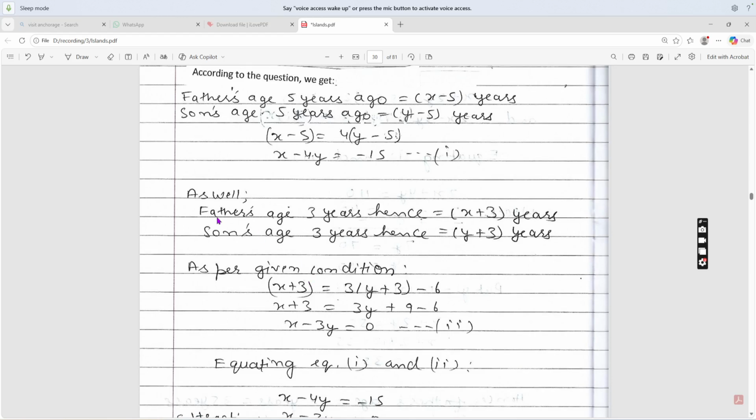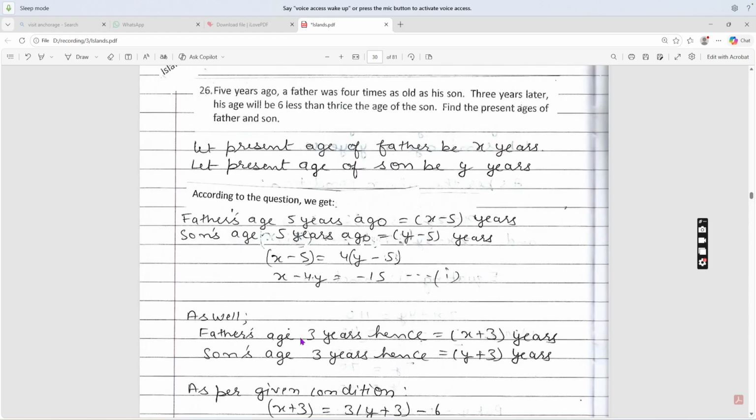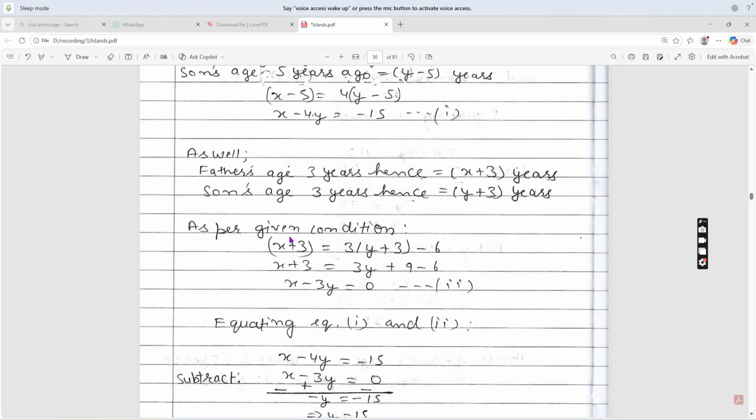Okay, next. Father's age 3 years hence would be x plus 3. Son's age 3 years hence would be y plus 3. Now the relationship is given. Just see, 3 years later, father's age, that is x plus 3, will be 6 less than thrice the age of his son.